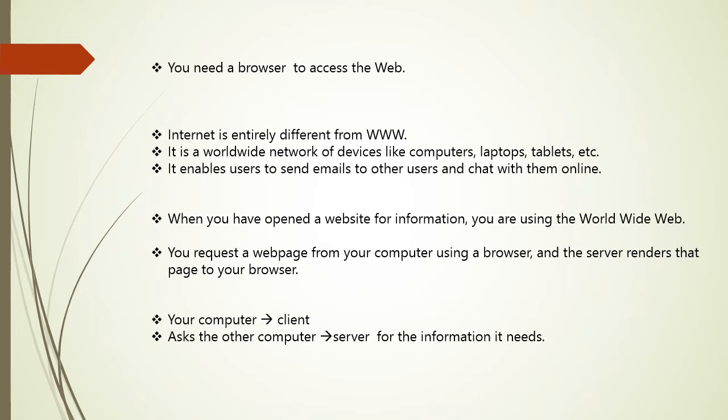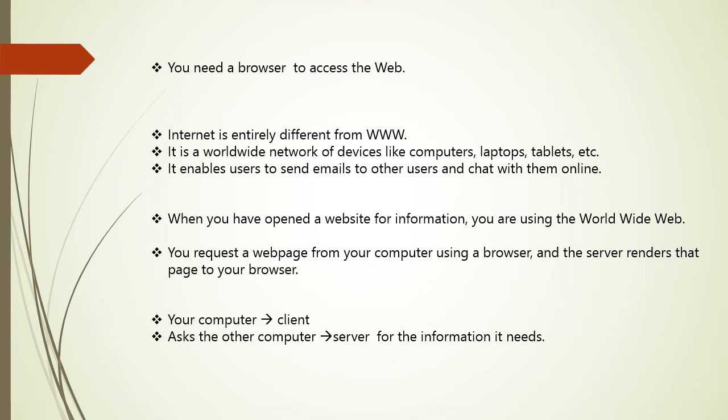For example, when you send an email or chat with someone online, you are using the internet. But when you open a website like google.com, you are using the World Wide Web. So is the difference clear?